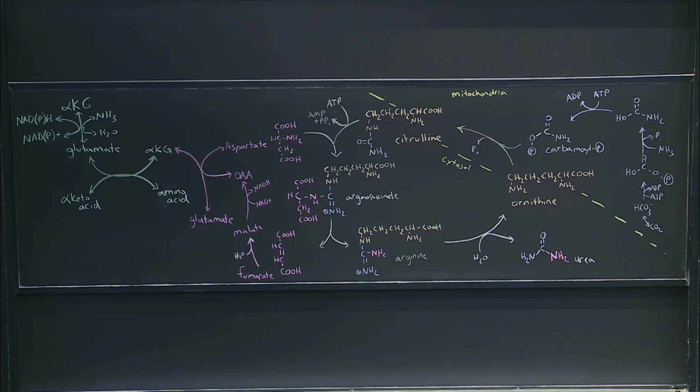Now, I think sometimes we can fall into the misconception when we talk about these that all cells generate urea. That's not true. So remember, different organisms use different strategies to excrete nitrogen.